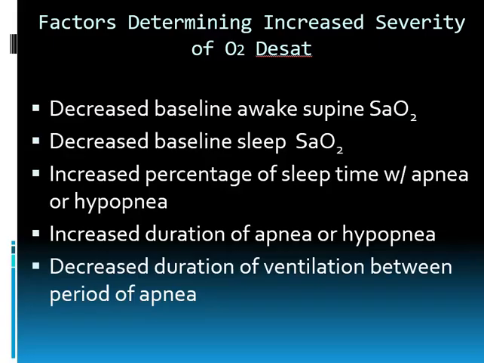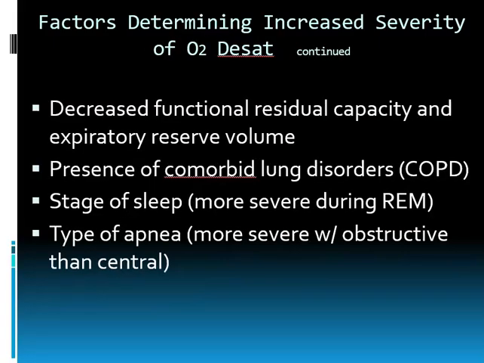Other things is just what's the patient's lung function, what's their underlying lung values, so their FRC, their residual capacity, and their reserve volume. What other types of lung disorders might they have going on that can impact their oxygenation? How much REM are they getting? Are they taking a medication that limits their REM? Then we might not see those, because we do typically see more severe desaturations during REM.